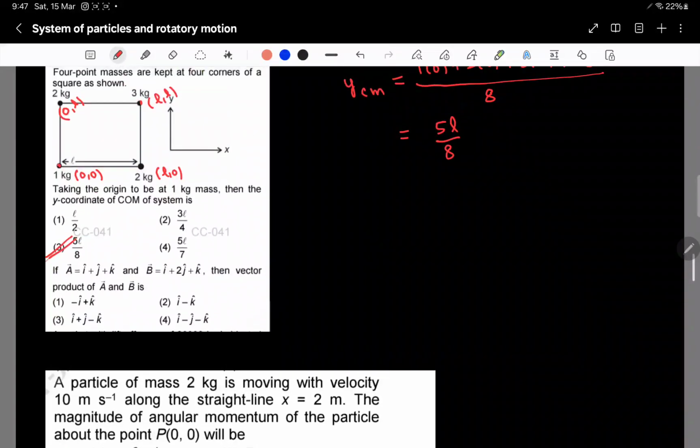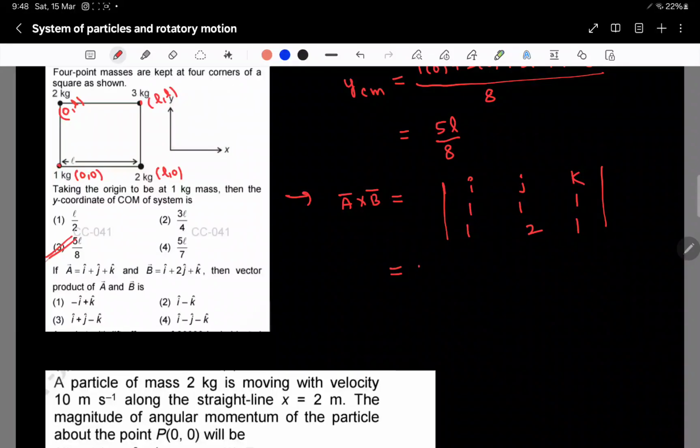Next question, students. A vector given, B vector given. What is the vector product? Important, students. Vector product A cross B. How to calculate it easily? You know very well, use i, j, k. First vector components 1, 1, 1. Second vector 1, 2, 1.